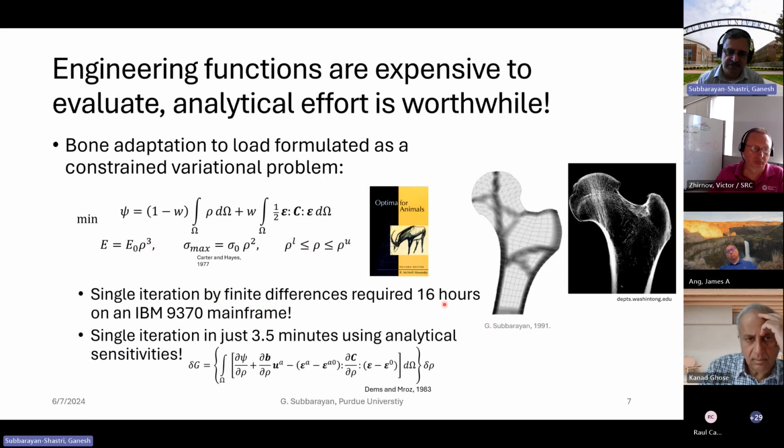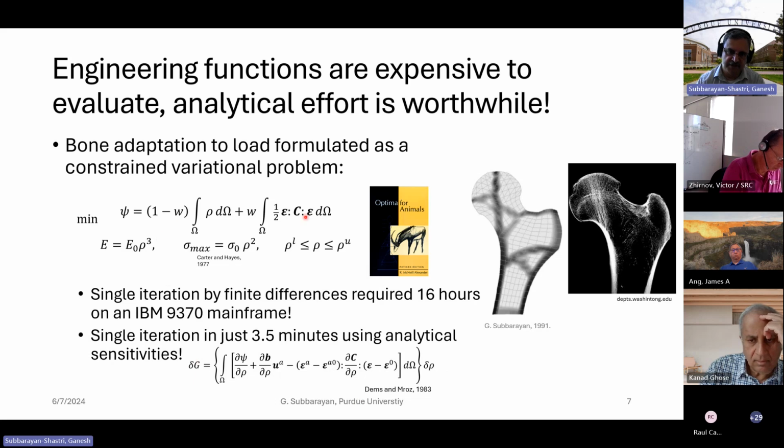And if you were to do this by finite differences, because you need to calculate not just the function value, but also the derivative of this, and if you were to do this by finite difference on an IBM 9370 mainframe that I had access to at that time, one sweep of variables would take 16 hours, whereas you can reduce that to just 3.5 minutes if you used analytically derived sensitivities.